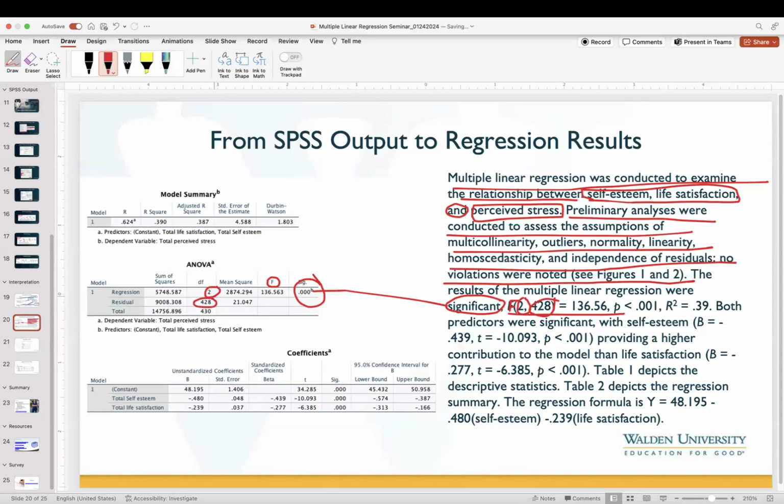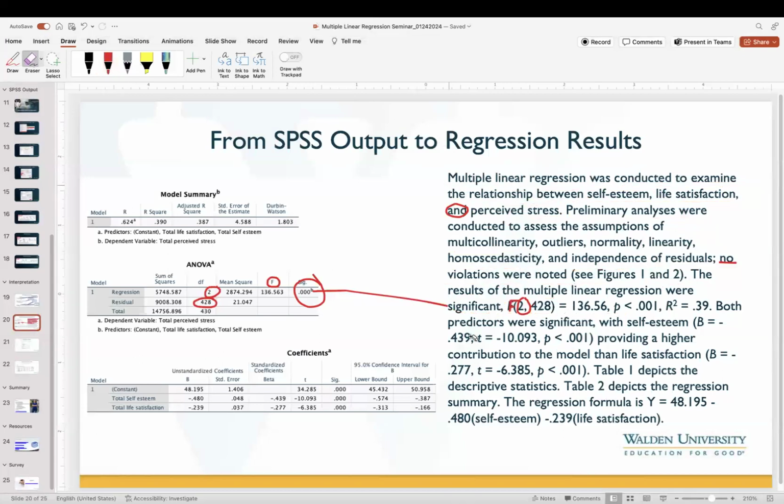Now, everyone on this call can look at an output and fill in that information, but we want to take it a step further. What is the 2? What does 428 mean? Anyone want to take a stab at what the 2 might represent and what the 428 might represent? Okay.